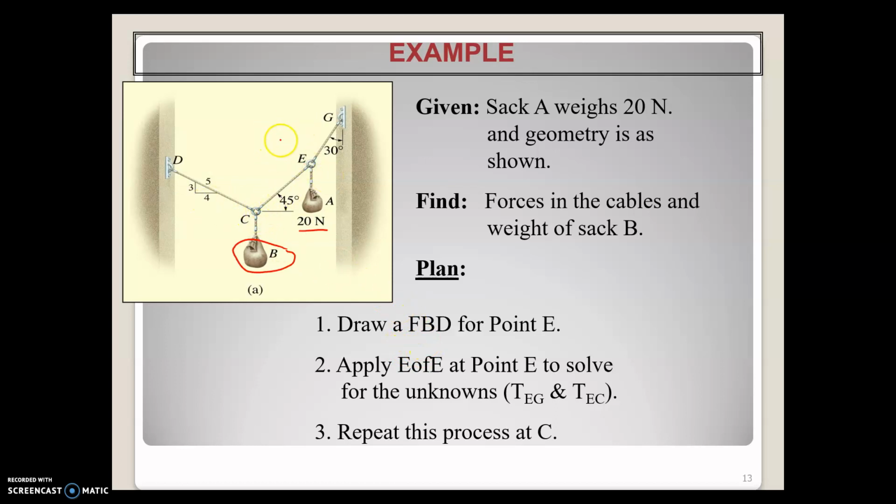Okay, repeat this process at C pula. Maknanya you kena bahagikan this particle E. Okay, draw FBD dia. Once you dah dapat the unknown TEC dan TEG, then you draw pula FBD untuk this condition. Right?